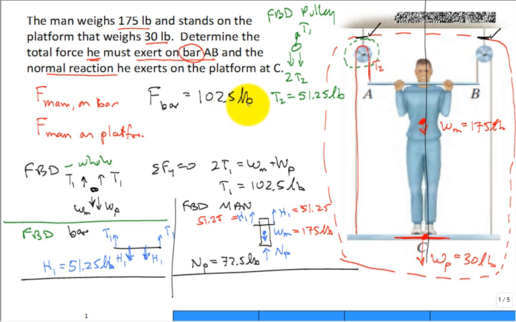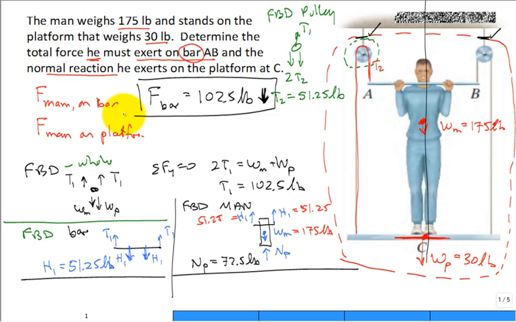And at this point, I would show it as a direction. I wouldn't use a vector notation. I would say it's downward directed. The man exerts a force on the bar down, pulling down on the bar. And that would be the answer for one of the parts of the question.